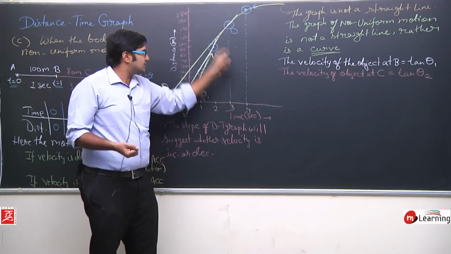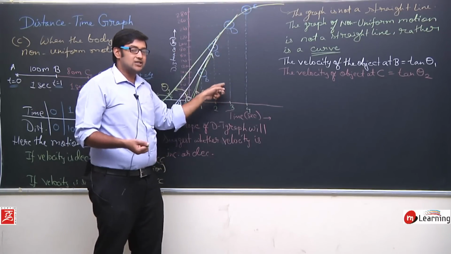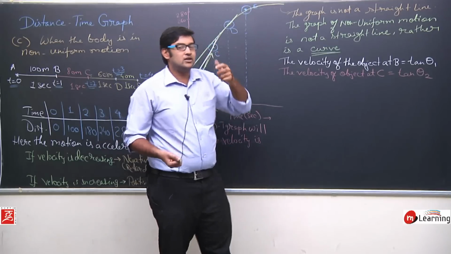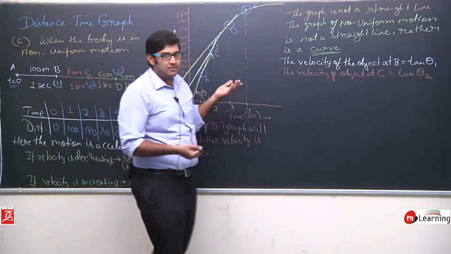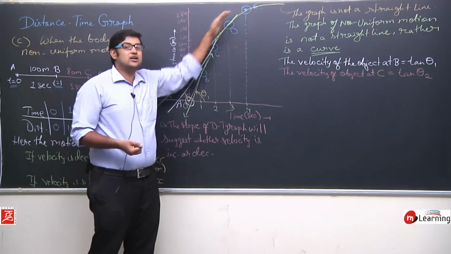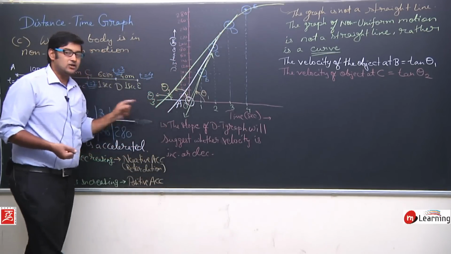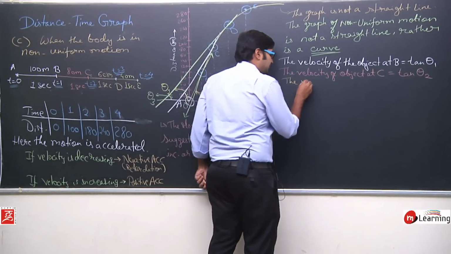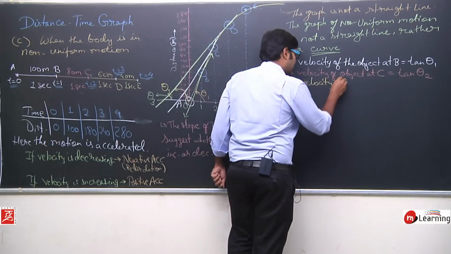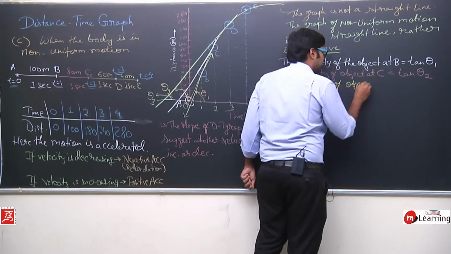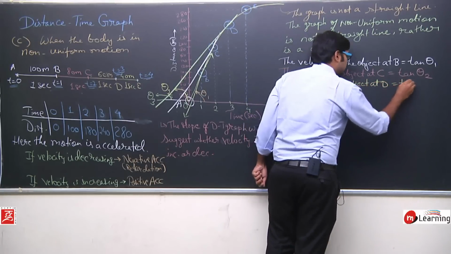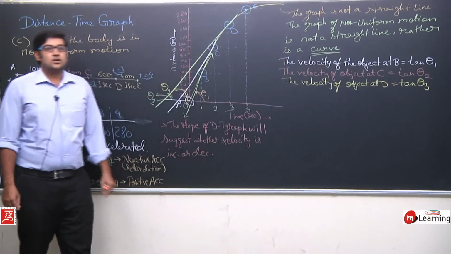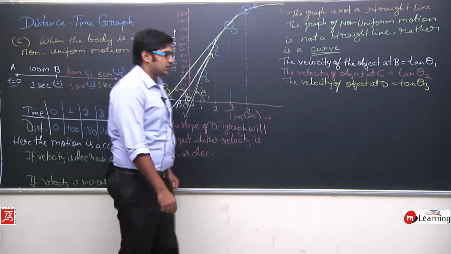I cannot draw a line like this or like this, because in that case the line would be intersecting this curve. But I do not want the line to intersect or cut the curve in any manner. It should just touch the curve like this. So it will form an angle theta 3. And if I ask you the velocity at this point D, the velocity of the object at D will be equal to tan of theta 3.